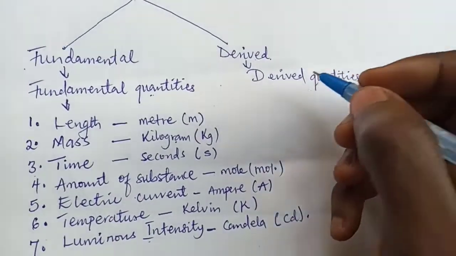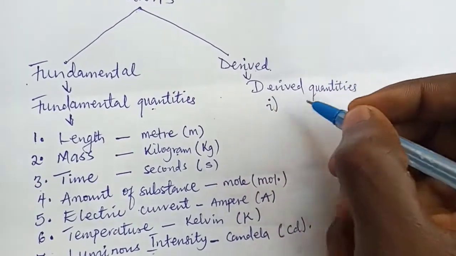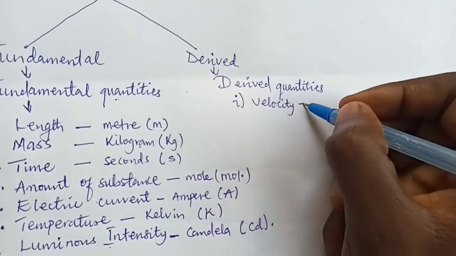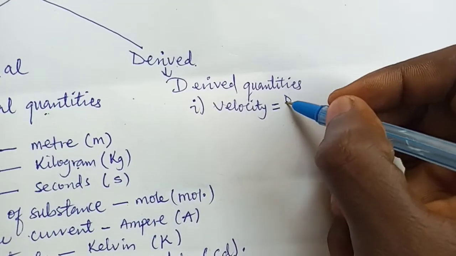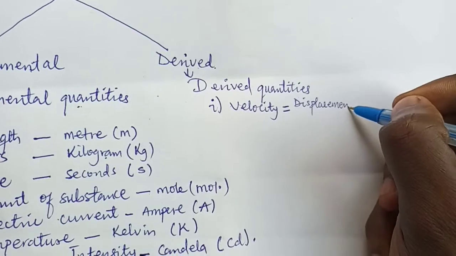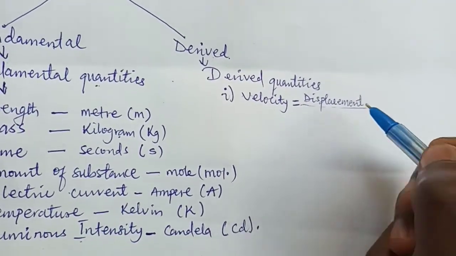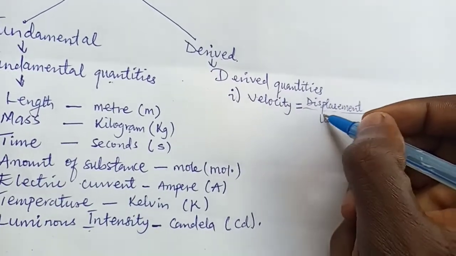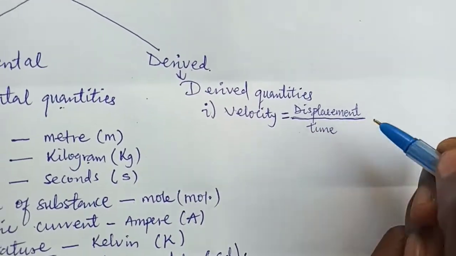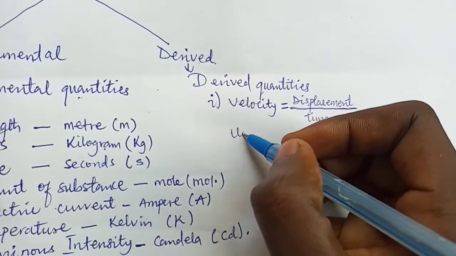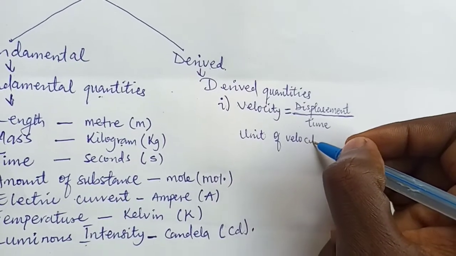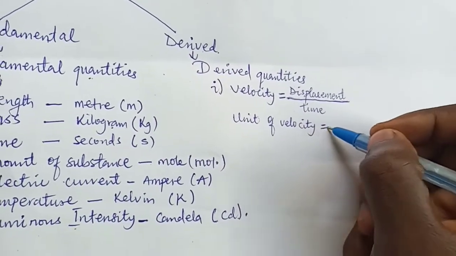Examples of derived quantities and their units: let's look at velocity, which is defined as displacement divided by time. So what will be the unit of velocity? Since it is displacement all over time, the unit of velocity will be derived as follows.